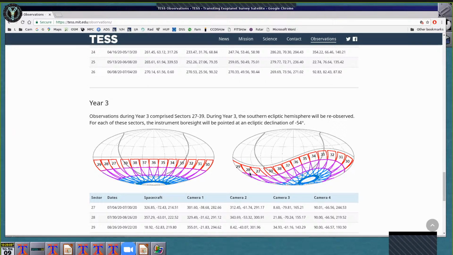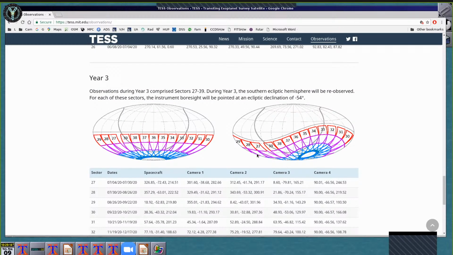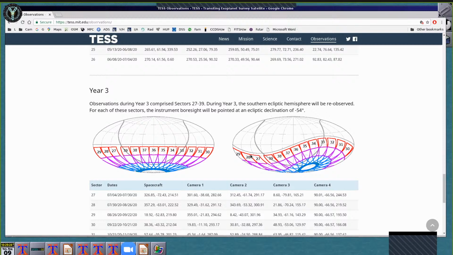So the mission goes in a kind of nominal mode. But the other interesting thing, which I hope we will see within a few weeks, is that the long cadence frames are no longer 30 minutes long, but will be 10 minutes long.